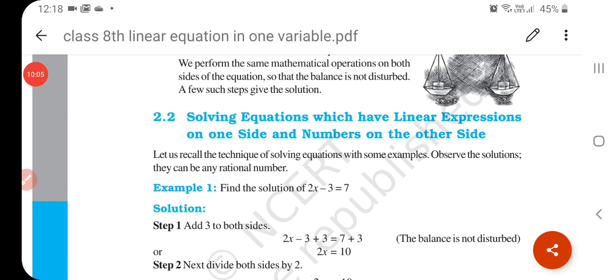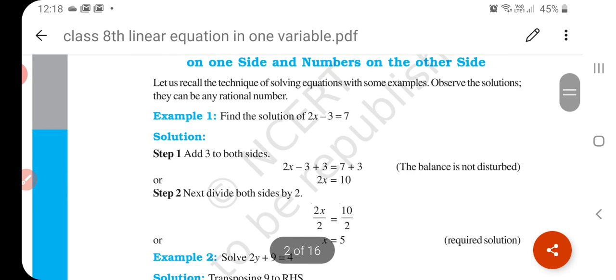Now if we talk about solving an equation, how to solve the equation. First of all, solving an equation which has a linear expression on one side and a number on the other side. So how do we solve? If the equation is 2x - 3 = 7, what we do first is use the balance method.